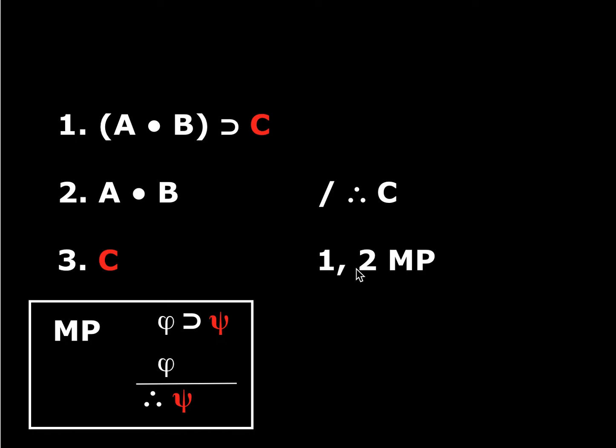So this is exactly what the rule said I could do. Okay, so I'm using the rule of modus ponens on 1 and 2 to derive 3. Now I'm done because I've derived the conclusion. All right. This proof was super easy. This was only one step. Very few proofs are going to be one step.